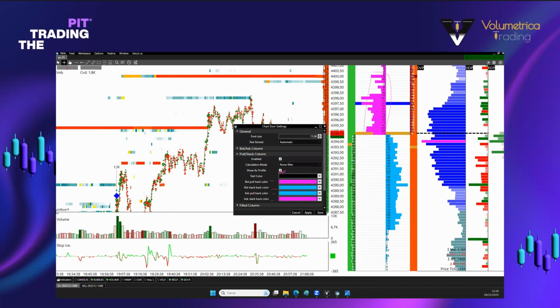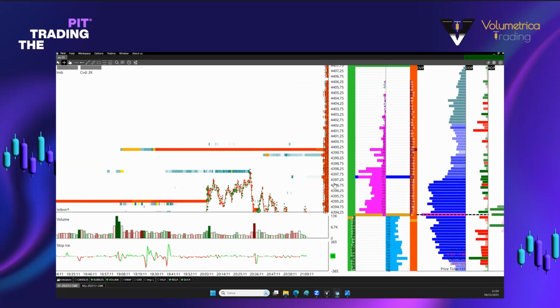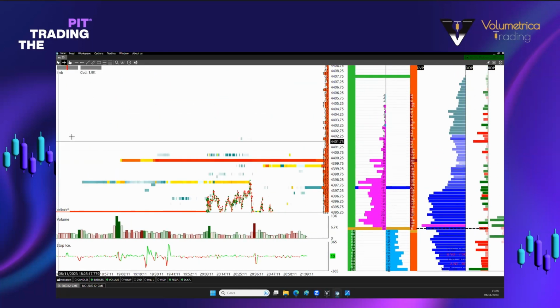The main representation is that when you have an area where orders are being stacked compared to the ones already there, you have a positive number, plus 148.